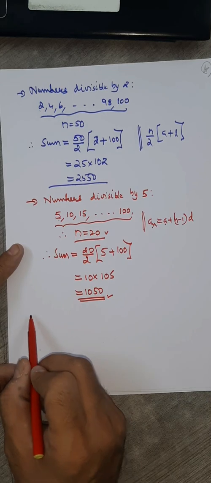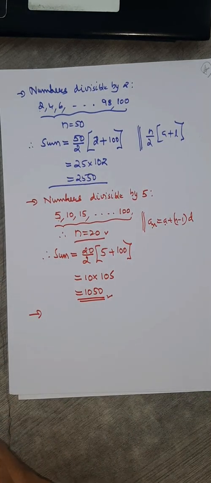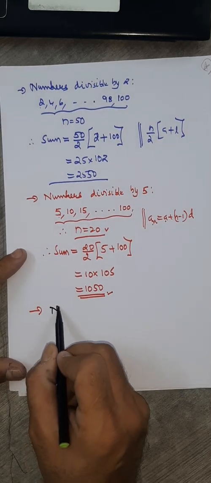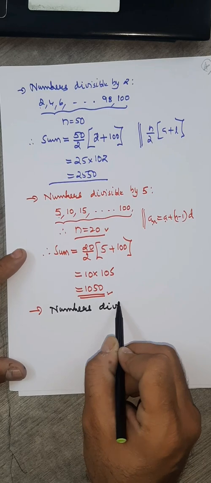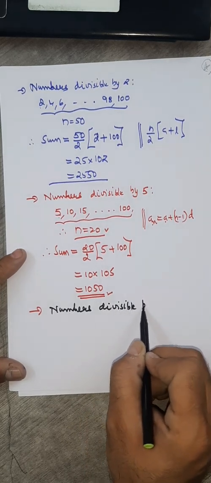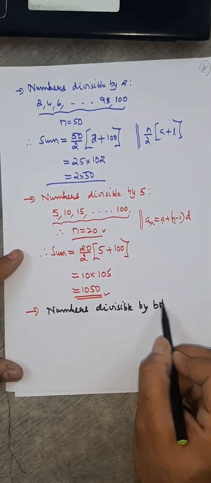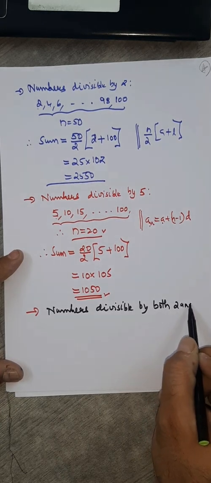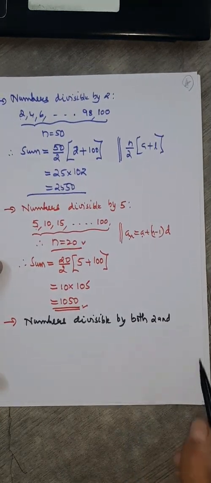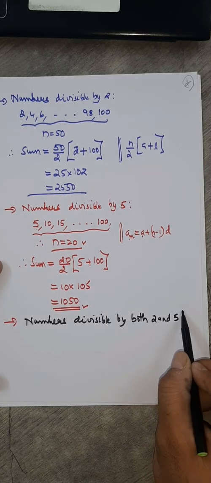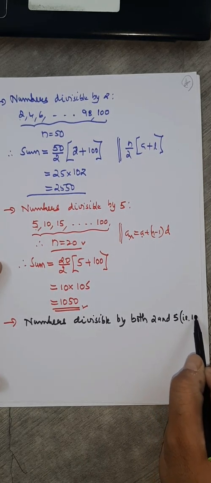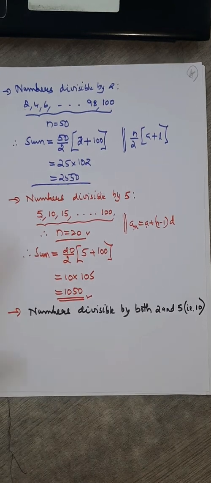Fine. Now the numbers which are divisible by both 2 and 5. 2 and 5 means 10.